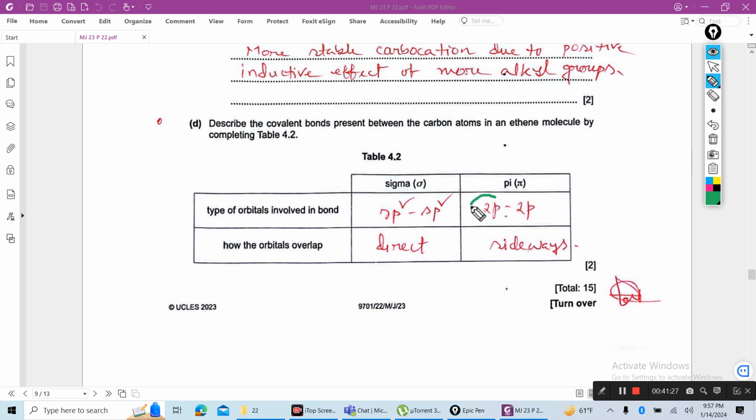The p orbitals sideways overlap to form the pi bond, and the sigma bond is formed by head-on overlap or direct overlap. Pi bond is sideways, sigma bond is head-on or direct overlap.